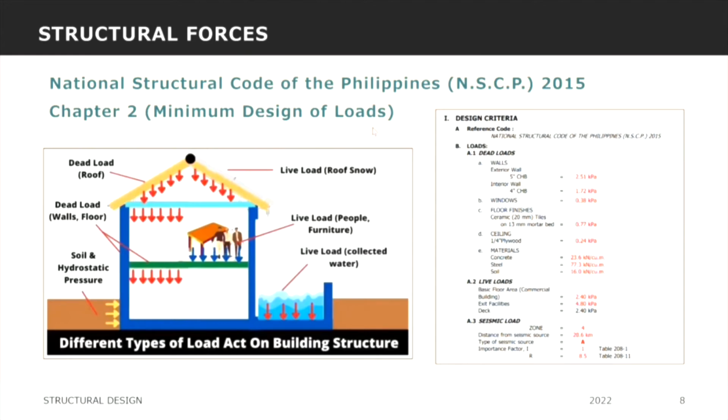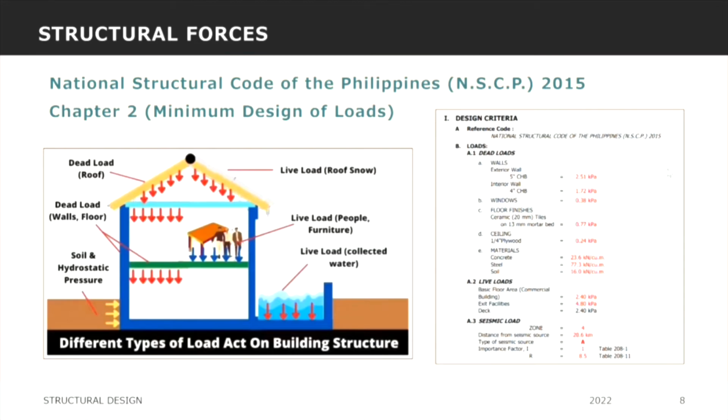Example of illustration of these loads is on the left side, and yung image naman on the right side are the list of loads na kinonsider sa computation ng structural design analysis of the as-built plan na explain sa mga next videos. So, base nga sa reference code nito, nakalagay National Structural Code of the Philippines din yung reference.